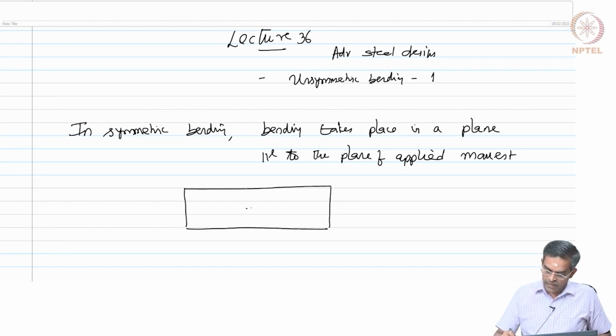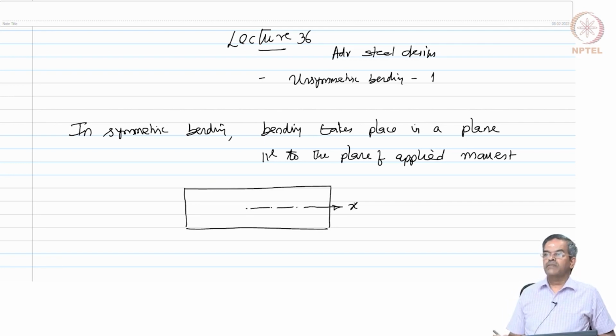So, let us say this is my x axis of the beam, which is along the span of the beam. Let us call this y, and you know the z axis is normal to this laptop screen. So, with that axis, I apply a moment about that axis, I call that Mz.